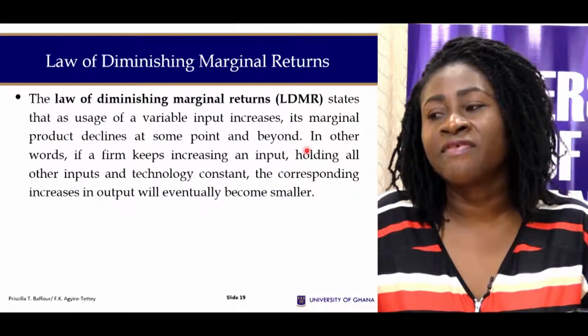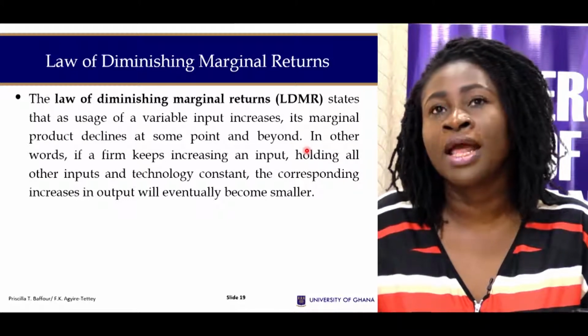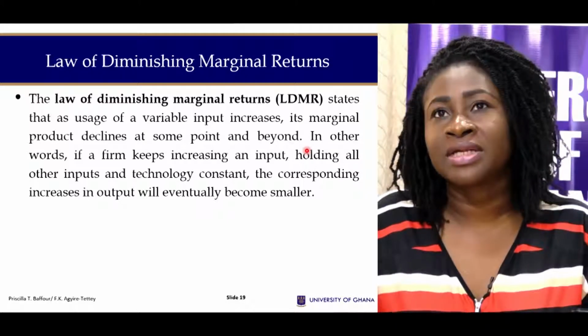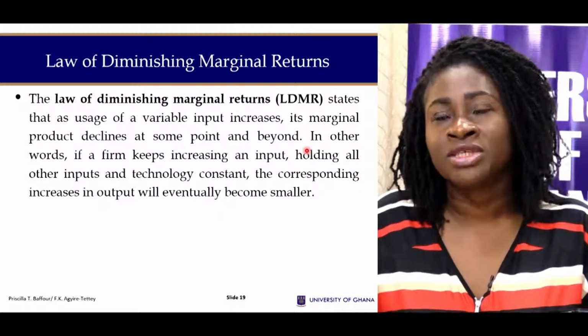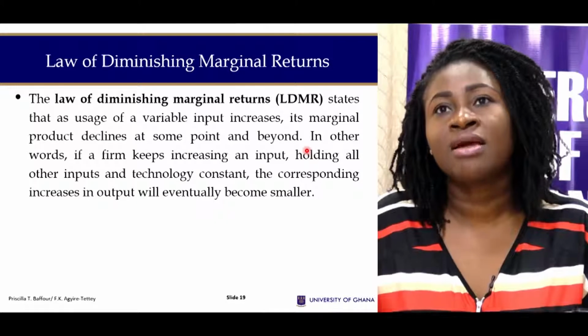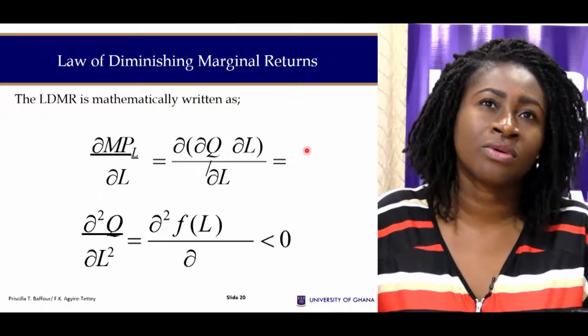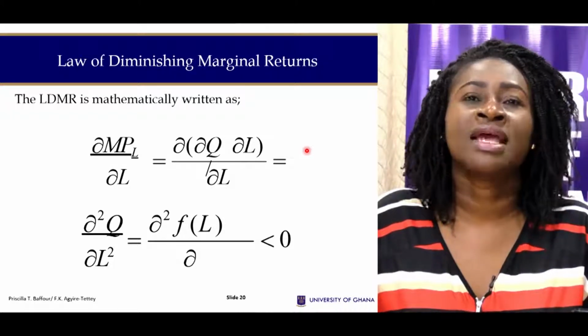So in other words, if a firm keeps increasing on adding on labor to the fixed capital, marginal product will begin to decline, reach 0, and even decline further if further additions are continued.